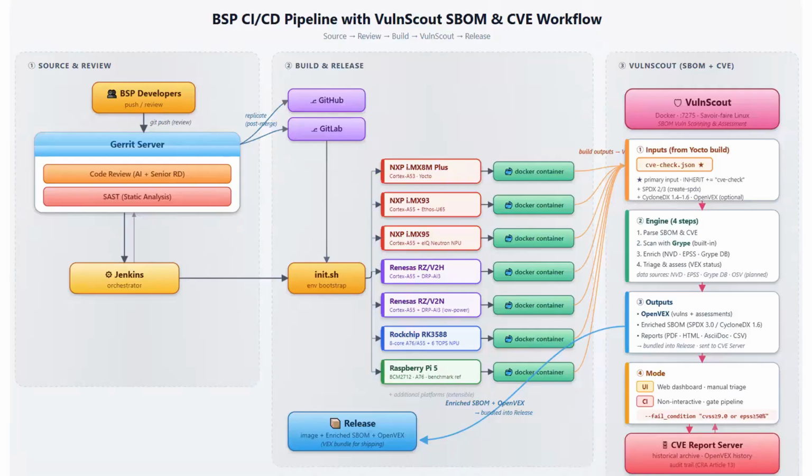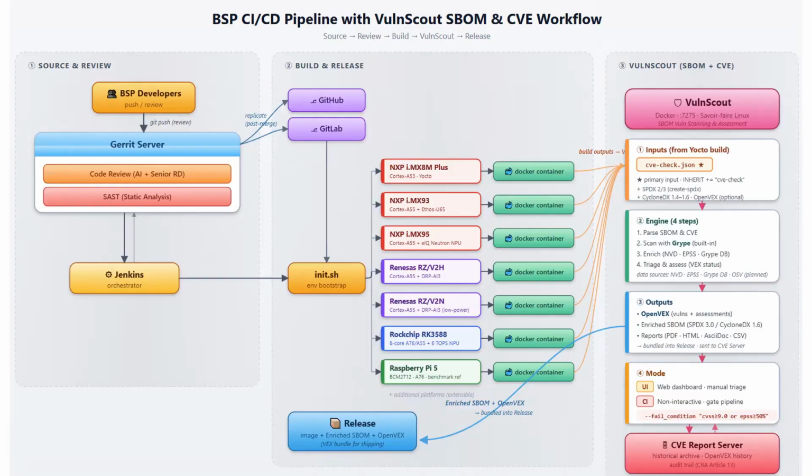And this is our CI system integration result. We need to set up a Vulnscout server, and our developers will commit the patch first to the Gerrit code review server, and we also involve AI review and senior engineer review, as well as a static analyze robot.